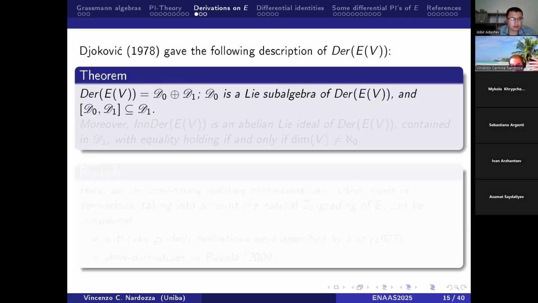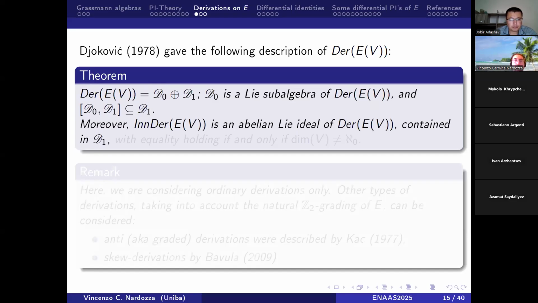What is more specific to the Grassmann algebra is that the set of inner derivations of the Grassmann algebra constitutes an abelian ideal of the full algebra of derivations, which is contained in the vector space D1.